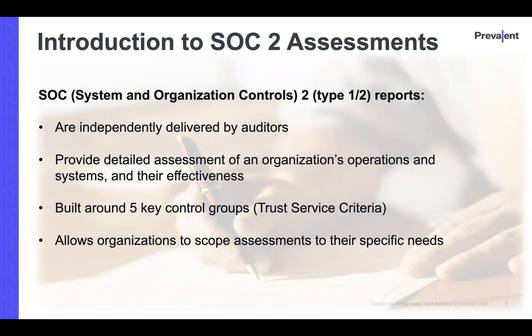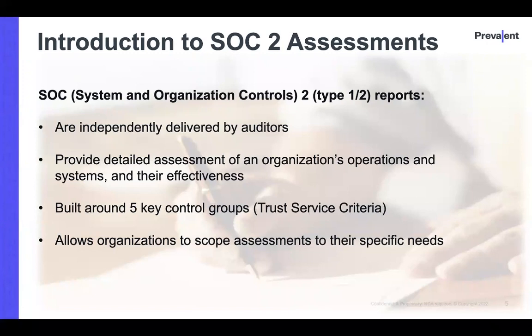You often find that organizations who are going for SOC for the first time will typically start with a type 1 report, because it gives confidence to develop and demonstrate that controls have been designed appropriately, policies, processes, and control groups have been established.